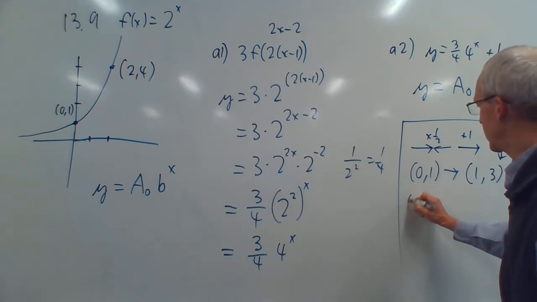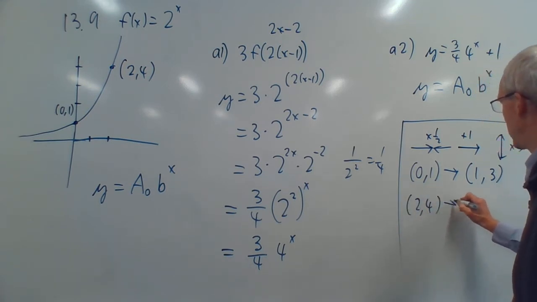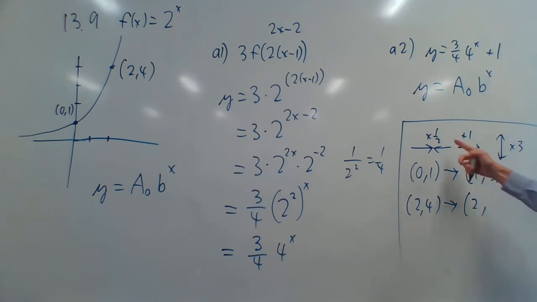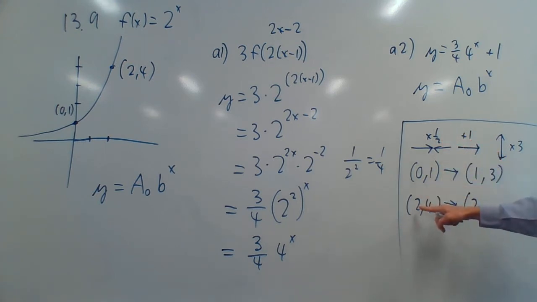And then the other point we're looking at, 2, 4, multiply the x by 1/2, that's 1, add 1 becomes 2. So it stays in the same place. That's pretty crazy. Can that be right? 1/2, add 1, yeah.